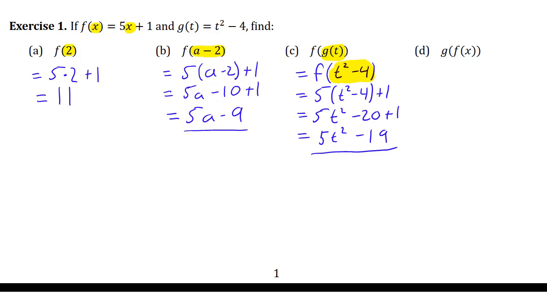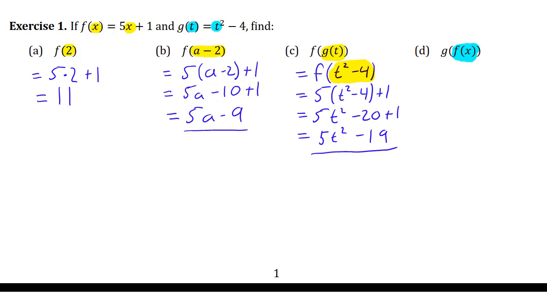Okay, now this one's a little different. When we're doing g of f of x, the f is now the input into g. So g says take the input, square it, and then subtract 4.